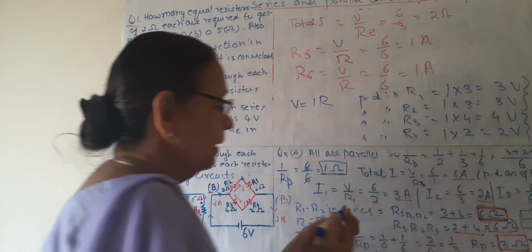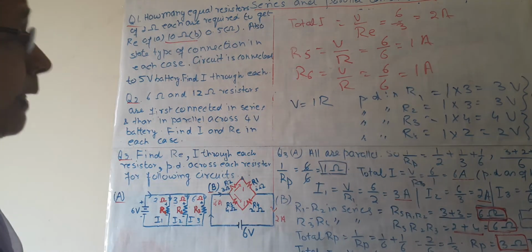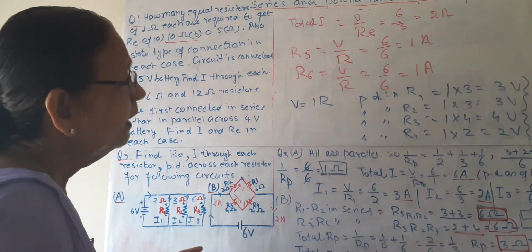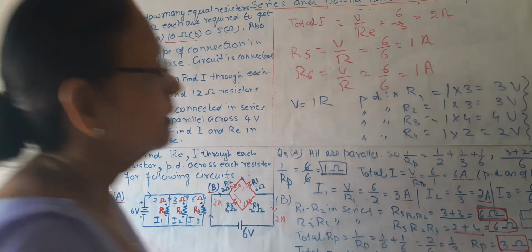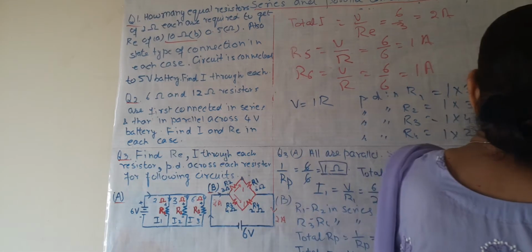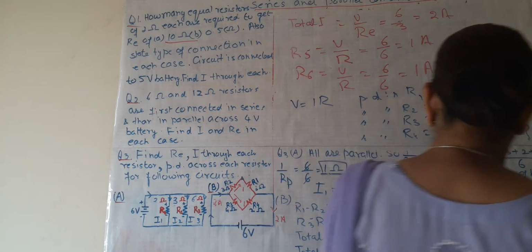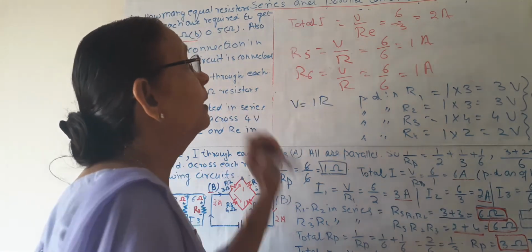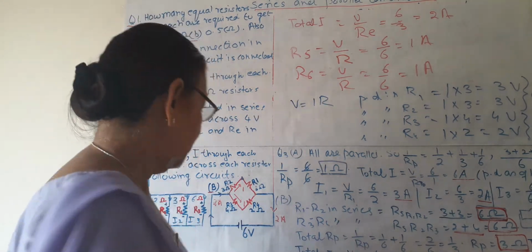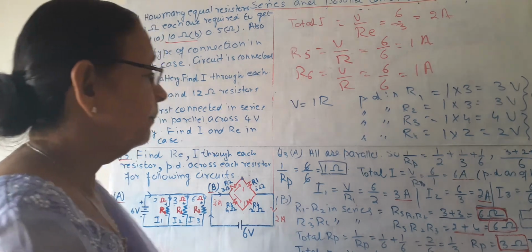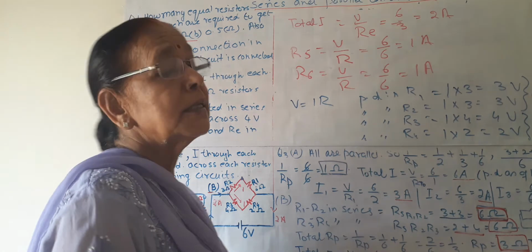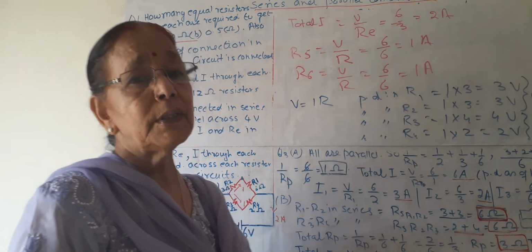In this way, these are the individual PDs of all the 4 resistors, and 6. And these are the individual currents of all the resistors. So in this way, these are some numericals based on series and parallel combinations.